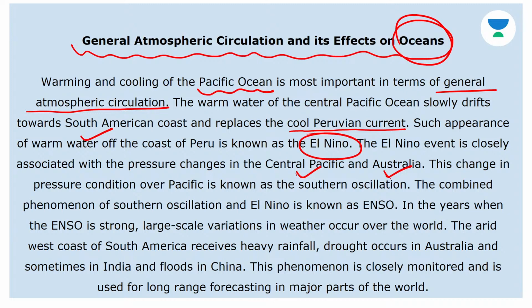Now, this change in pressure condition over the Pacific is known as the Southern Oscillation, and the combined phenomenon of Southern Oscillation and El Nino is known as ENSO.